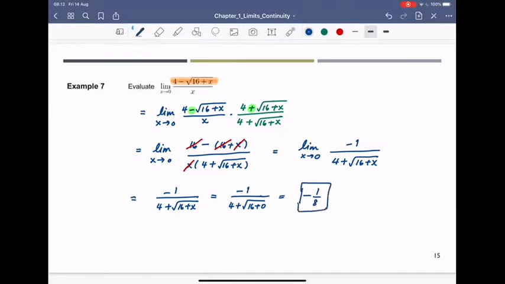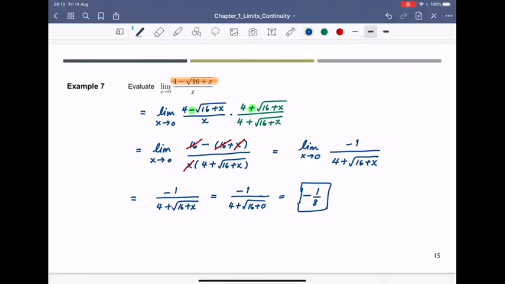Let me check if it matches with my notes. It should. If you see something wrong, you can just stop me. Sometimes I'm too excited and I miscalculate something, but this is correct already. Good. So that is the problem about using conjugation.